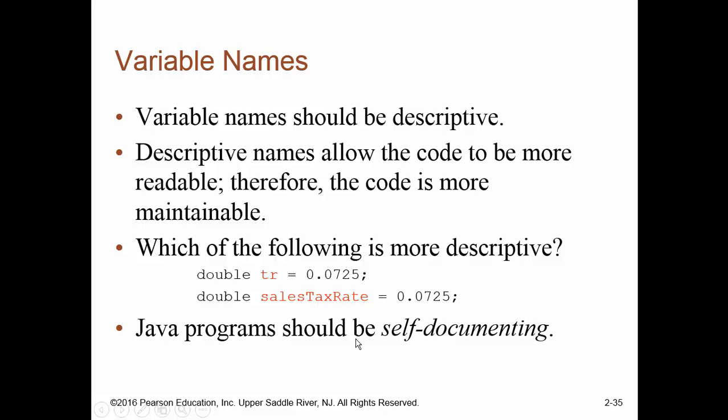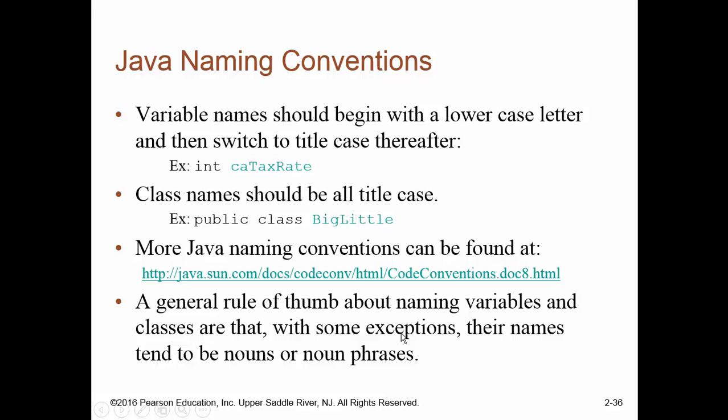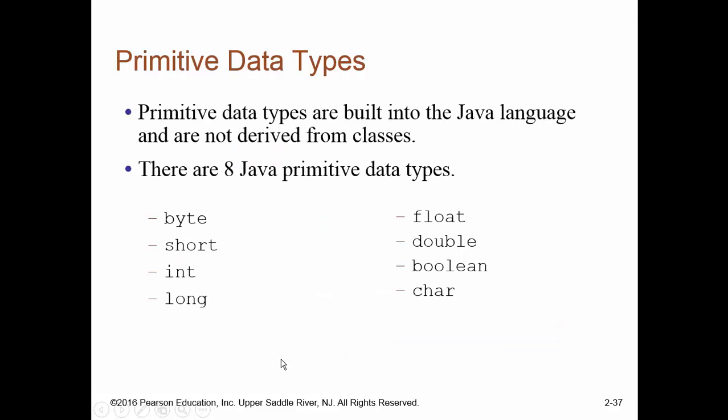I do want you to come up with program variable names that are self-documenting whenever possible. All right, and here's, again, variable names like this, class names like this, and it says you can find more about naming conventions. I'm not going to click this. Okay. A general rule of thumb, it says about naming variables and classes, with some exceptions, the names are usually nouns or noun phrases.